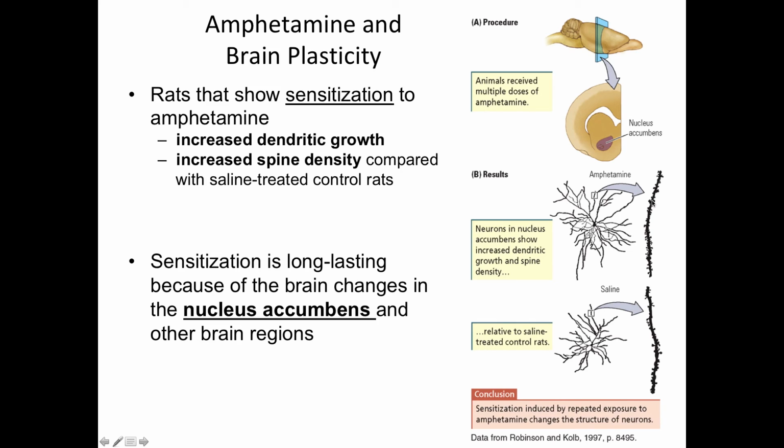So the spine density here, you can see there's more little spines on these dendrites compared to rats that were not given the drug. There's less dendritic growth and there's less spines. So in conclusion, sensitization induced by repeated exposure to amphetamine changes the structure of our neurons.